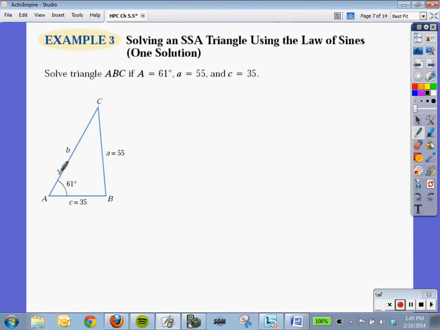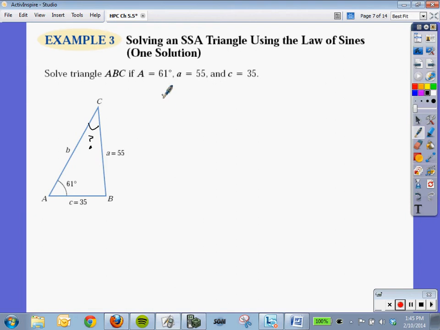So here we have a big A, and we have a little a, and we have a little c, and that means that we're trying to find out what this angle C is equal to to start off. So that's another thing that we're looking at right now. We're going from finding the side of a triangle to finding the angles of a triangle.